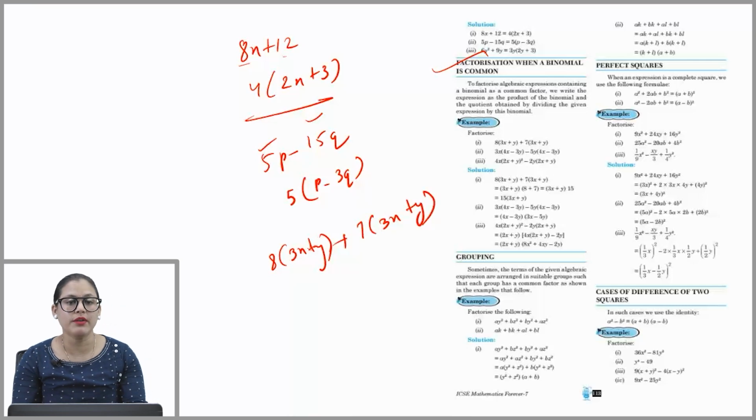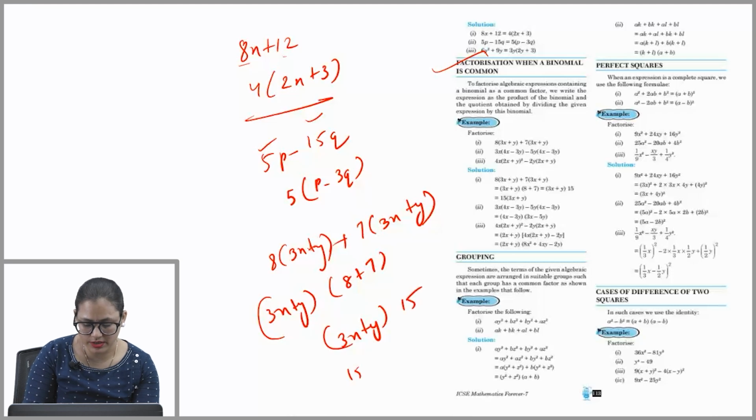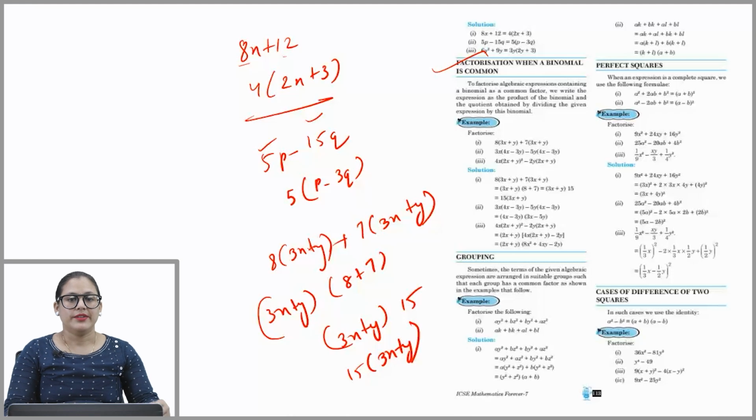How are you going to factorize it? See, 3x plus y is common, and 8 plus 7 is 15. So it is 3x plus y into 15, or write 15 into 3x plus y.